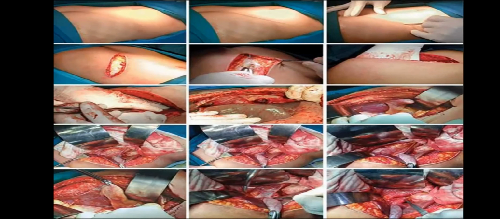In the next series of pictures, the gallbladder fundus is picked up with the sponge holding forceps.